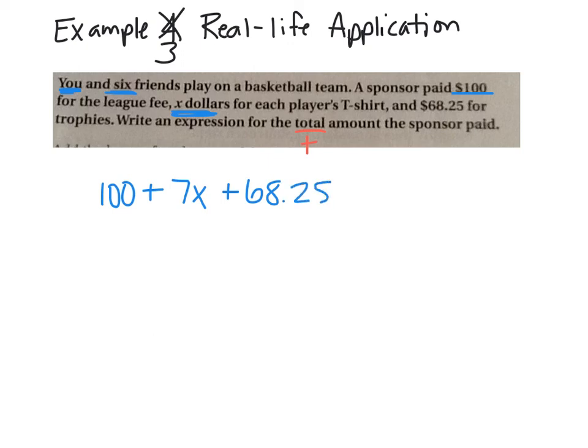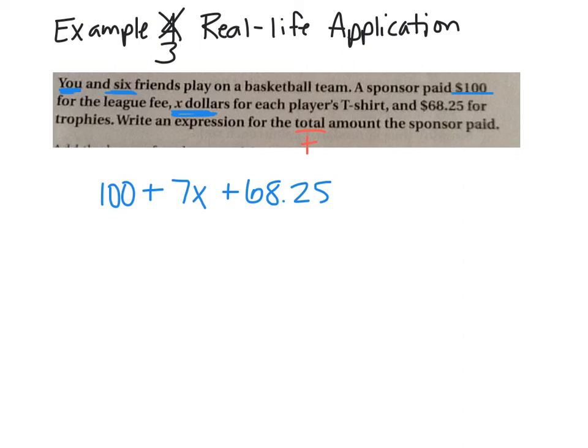So now we have a problem put together and we need to solve it as much as we can. If you're looking at this right now, you can't add 100 plus 7x, and you can't add 7x plus $68.25. So we have to put things together before we can solve anything.